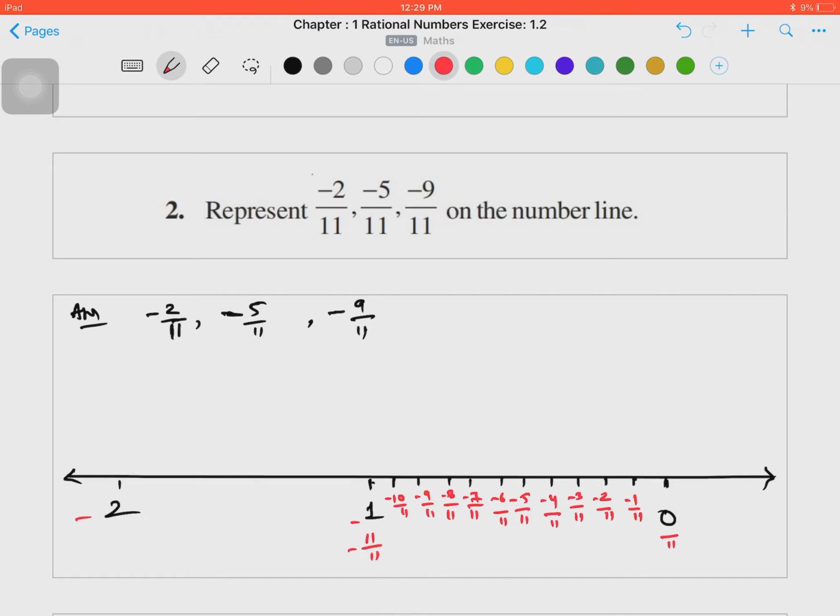And 11 by 11 will be 1. Now our first number is minus 2 by 11, so this is minus 2 by 11. The next number is minus 5 by 11, which is here, and the last one is minus 9 by 11. That's how you can represent the numbers on the number line.